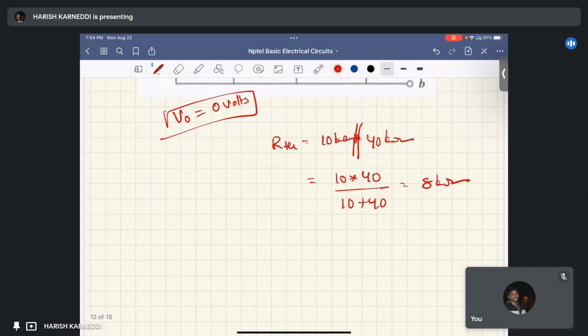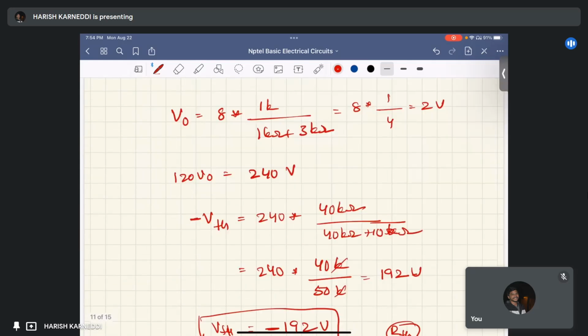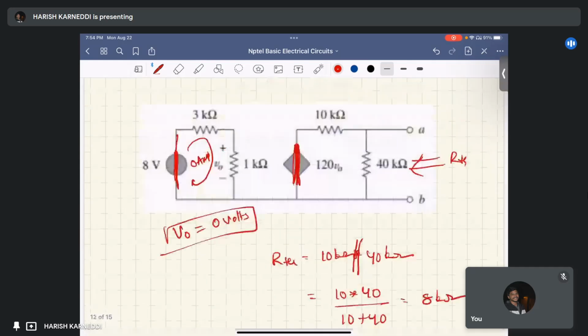So what is the formula for Pmax? VTH square by 4 RTH. The VTH is what we just calculated, 192.